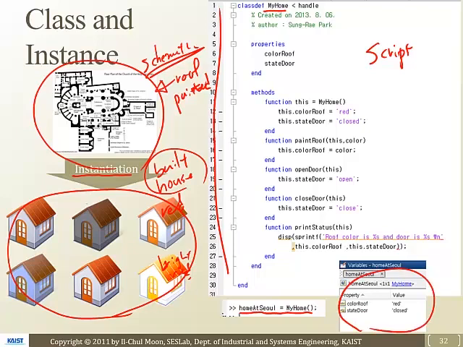So what happens is that the class no longer holds values. It's more like a structure to hold values or functions, right? Here it says that it has these properties, and the properties specify color roof and state door.